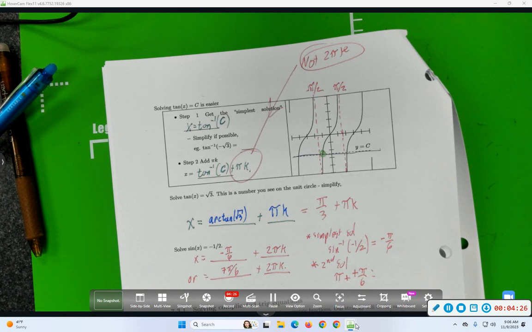What do you get? And you get negative 1/3. People agree? Awesome.